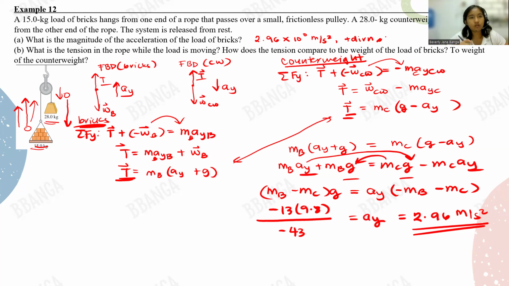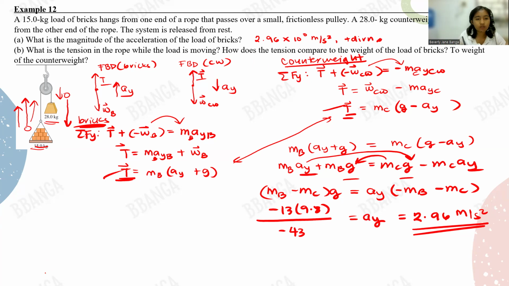y direction. Okay, the next is, what is the tension in the rope while the load is moving? How does the tension compare to the weight of the load of the bricks and to the weight of the counterweight? So, dali na lang natin masosolve yung tension, no? So, we simply plug it in kahit saan. Pwede dito, pwede dito.